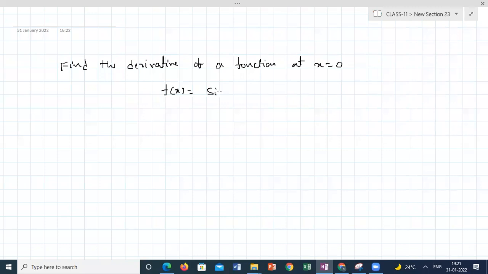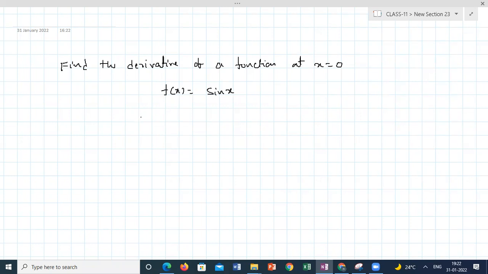Find the derivative of a function at x is equal to 0, where my function is f of x is equal to sin x.